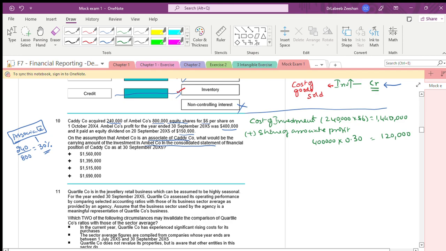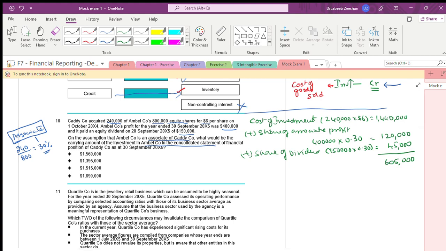Share of dividends also: 150,000 into 0.30 comes to 45,000. Total how much?